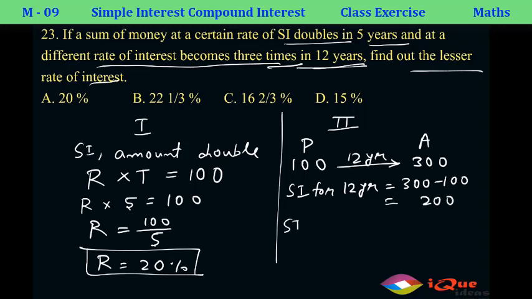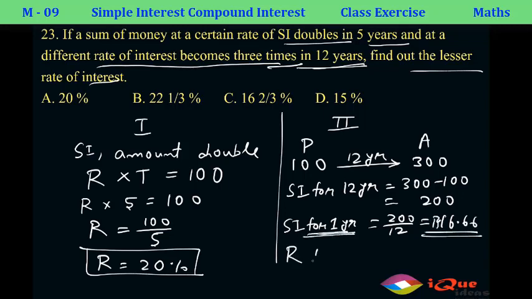That means simple interest for 1 year will be equal to 200 divided by 12, that is 100 by 6, that is 16.66 rupees. Right? Now this is interest for 1 year. So the rate will be interest of 1 year as a percentage of principal amount 100. So this will be 16.66 upon 100 into 100, which is equal to 16.66%.